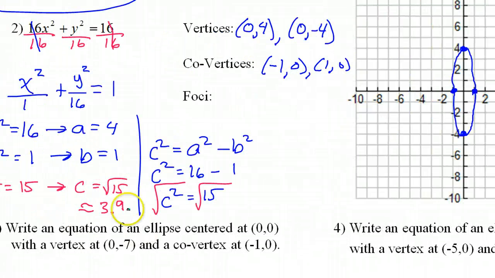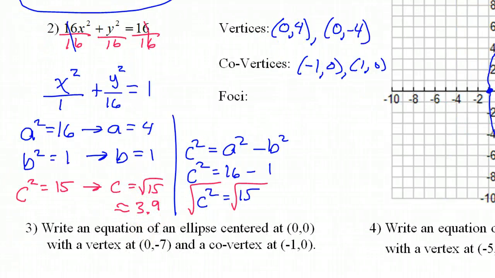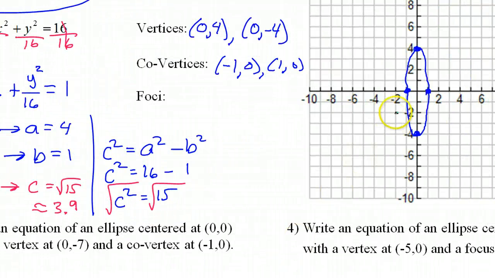Now remember, as far as graphing them, the c value is approximately 3.9. Now the foci always go along the major axis, so it will always go the long way. So 3.9 is going to be almost to that 4. So there are my foci, really close to the vertices.